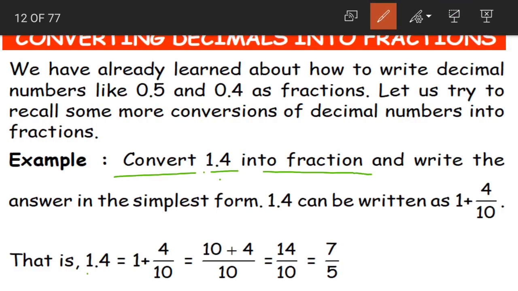What did we conclude here now? 1.4 is nothing but 1 plus 4 by 10. Now let us start with this again. 1 plus 4 divided by 10. The decimal part, that is 4 divided by, after 1, here we have only one decimal place, so we place one 0. Now how will we add this? We have a whole number and a fraction.